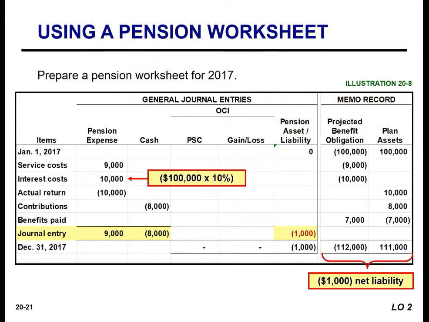We had an actual return on the plan assets of 10,000. Because those assets made money, that is 10,000 we won't have to take into account this year. We had funding contributions, or we paid out in cash, 8,000.